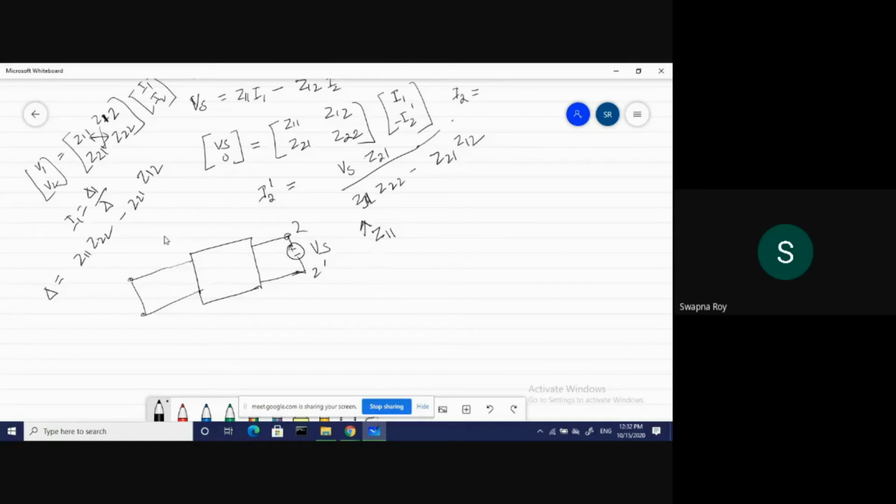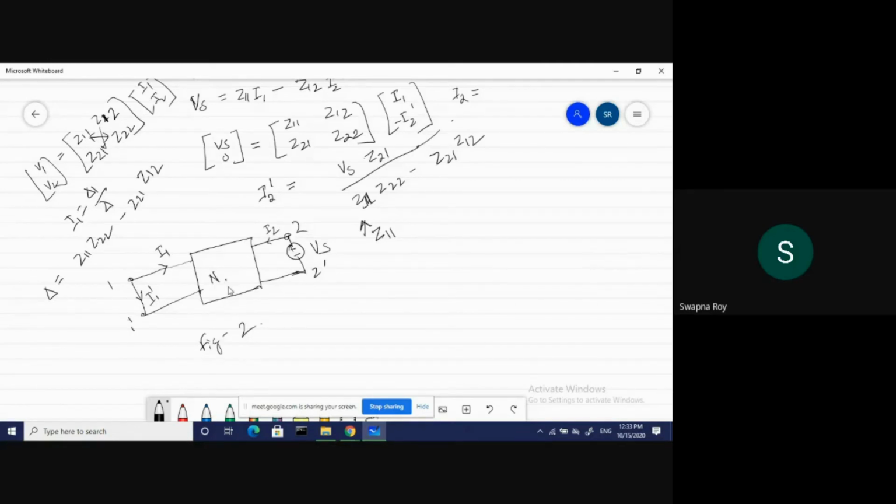Here in this figure, figure 2, at that time 1 dash is shorted so current is now previously this is I1 and it will be now I1 dash. So I1 is equal to minus I1 dash and this is your I2, this is network.